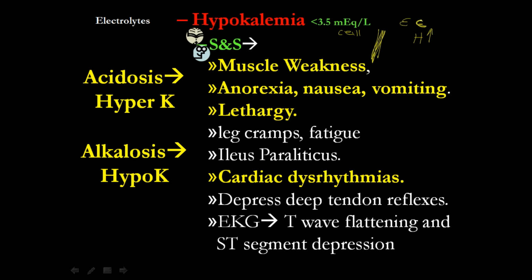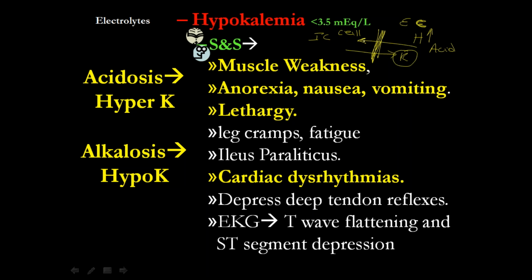This is the extracellular, and this is the intracellular. So what happens when you have too much acid? The hydrogens get into the cell and the potassium comes out.